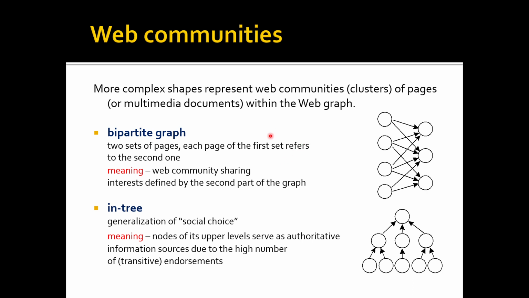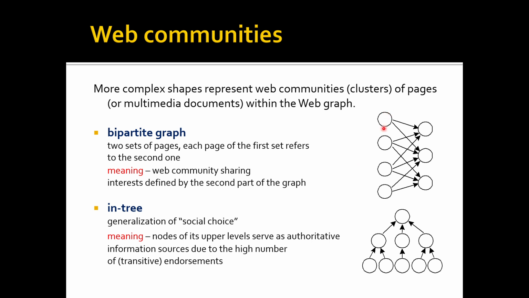And now we get into more complex shapes that could represent web communities because they are complex enough to have some meaning in the real world. So a very important type of graph or subgraph is the bipartite graph. Bipartite graph means we can observe within the graph, or we can just define a graph, where there are two sets of nodes.